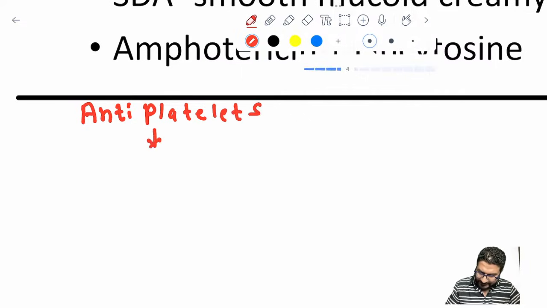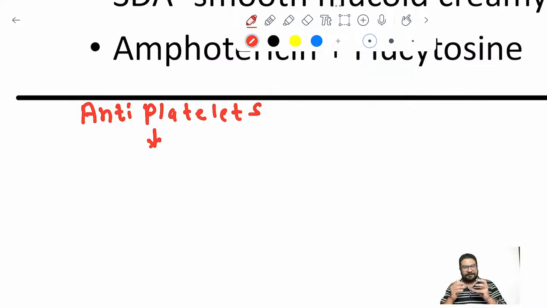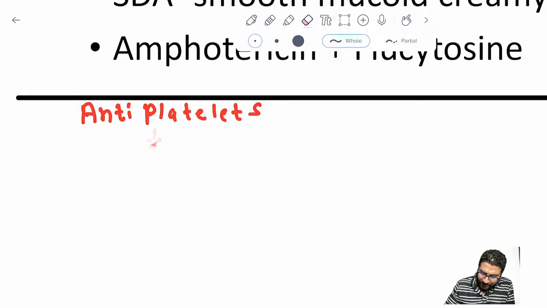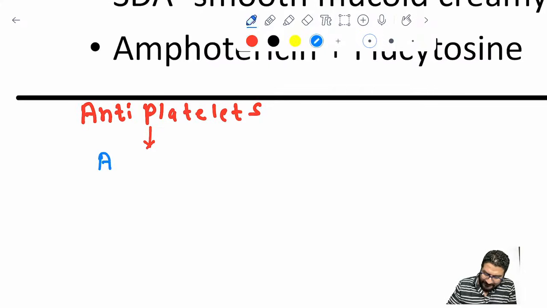Look at the screen carefully. Antiplatelet means they will inhibit platelet aggregation. So worldwide the best and most commonly used antiplatelet drug is aspirin. Aspirin is like कितने आए कितने गए हम वहीं की वहीं हैं. Any other example you know? P2Y12 inhibitors, what we call that?